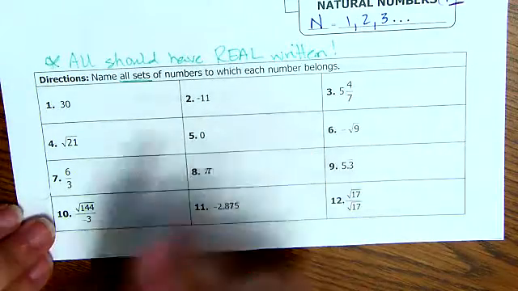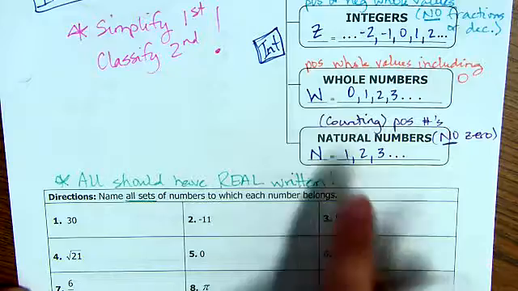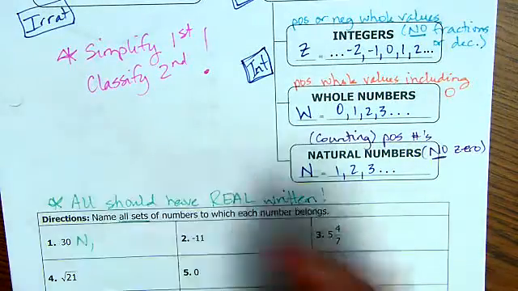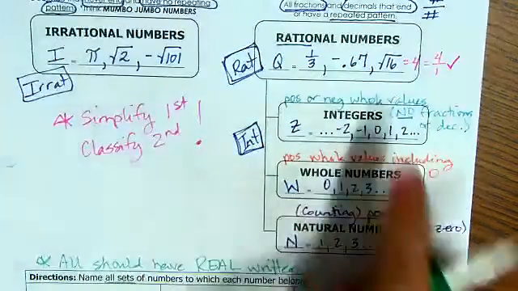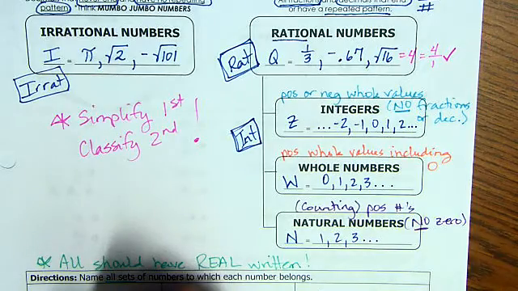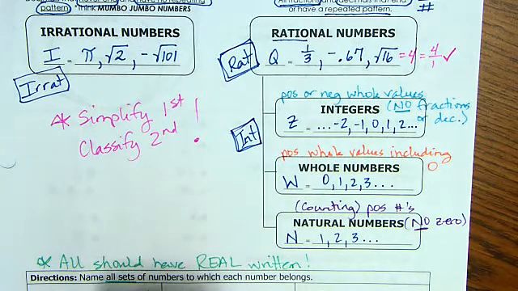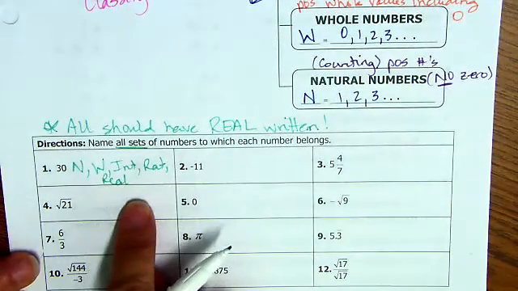If I'm looking at the number 30, well, 30 is going to be in natural because it's a counting number. So I can write N. It's going to be a whole number, so I can write W. It's going to be inside integers because it's a positive whole value. So therefore, it's going to be integers, and that's inside of rational, which is then inside of real. You have to make sure that you list all of the names.